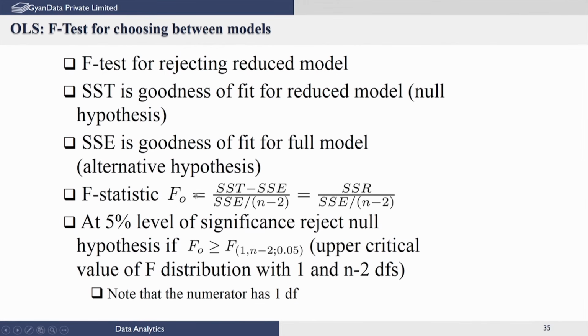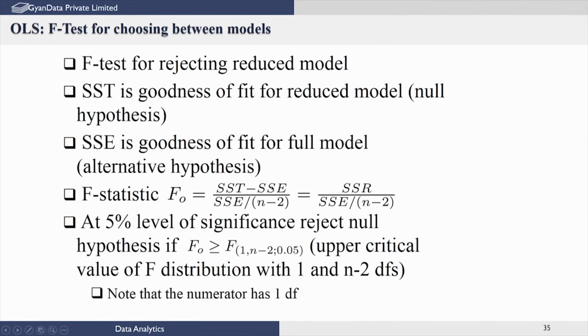So, as I said, the F statistic for doing this hypothesis test is to compute the difference in the goodness of fit for the reduced model, which is always higher, minus the goodness of fit SSE for the alternative hypothesis. So, this represents the sum squared errors for the reduced order model fit, SSE represents the goodness of fit for the alternative hypothesis fit.